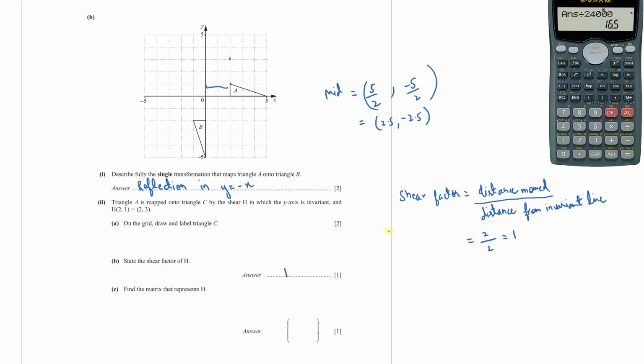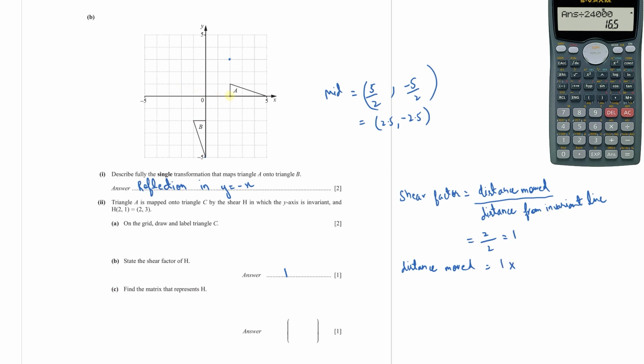So this is 1. Now using this shear factor, we can calculate where the rest of the points end up. You're already given that the point (2, 1) will move to (2, 3). So you can mark this. This point is (2, 0). Let's see how much distance it will move. I know the shear factor, so distance moved will be the shear factor, which is 1, multiplied by distance from the invariant line.